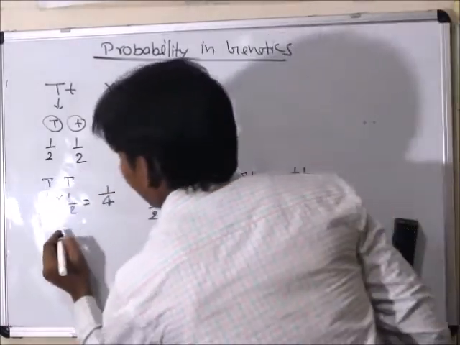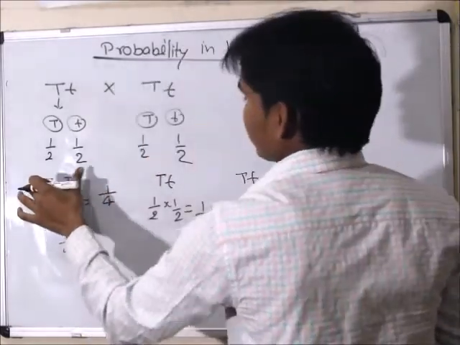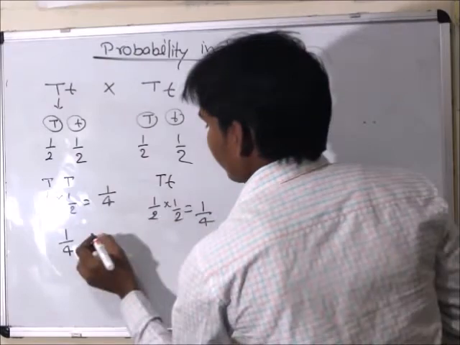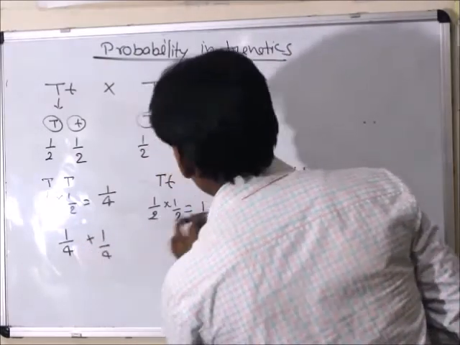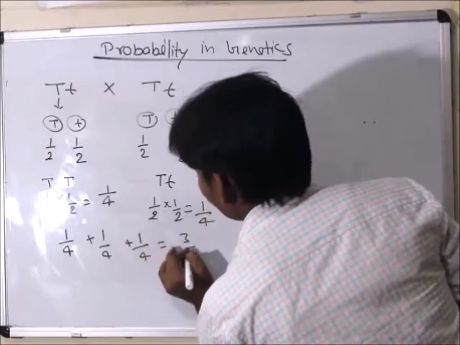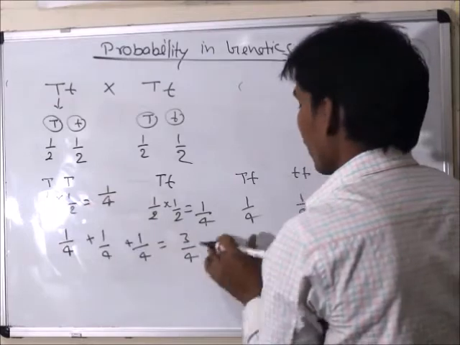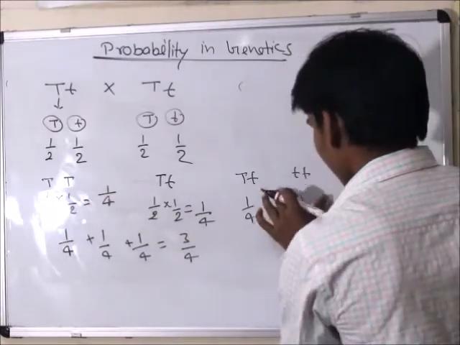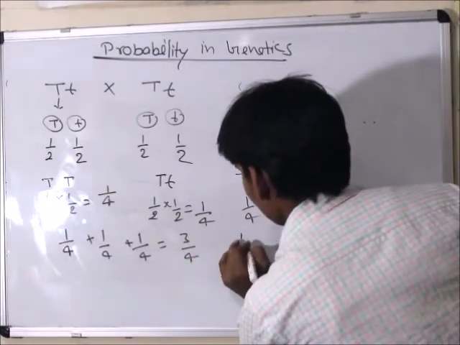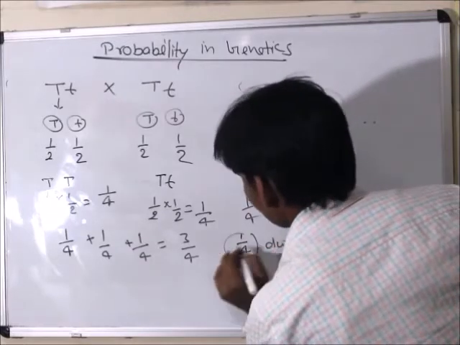So 1 by 4, 1 by 4, and 1 by 4 equal 3 by 4. The probability of tall is 3 by 4, and of dwarf it is 1 by 4.